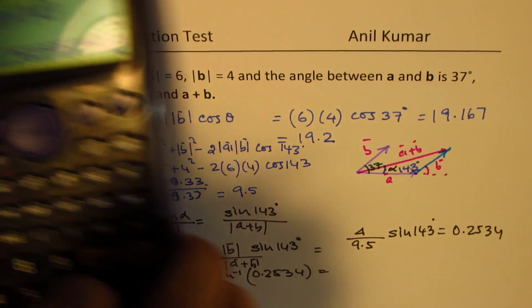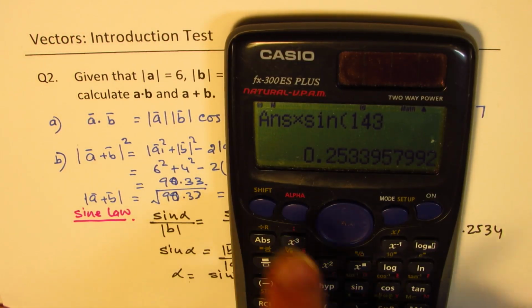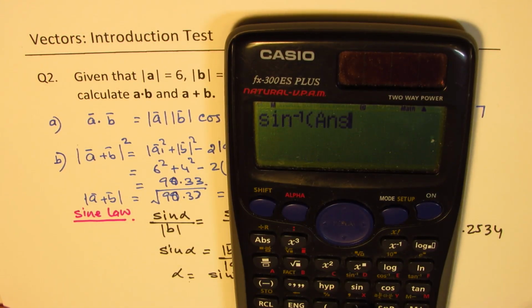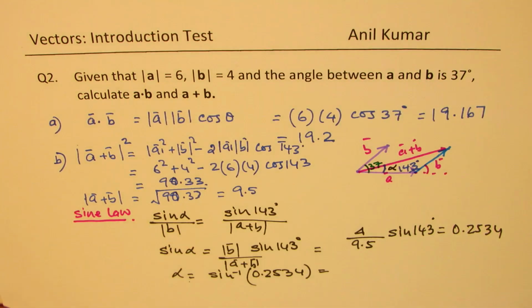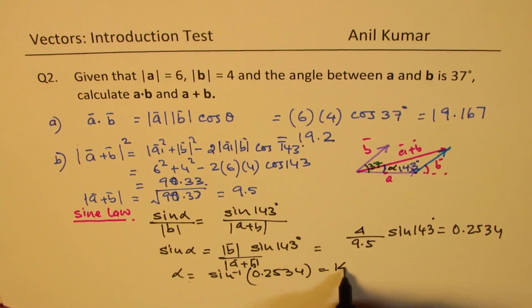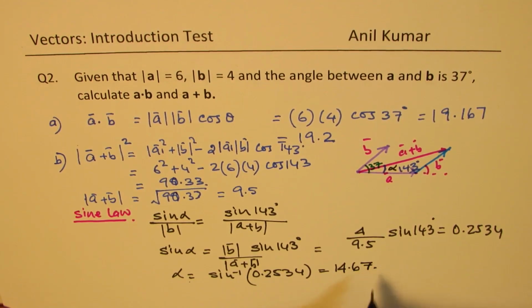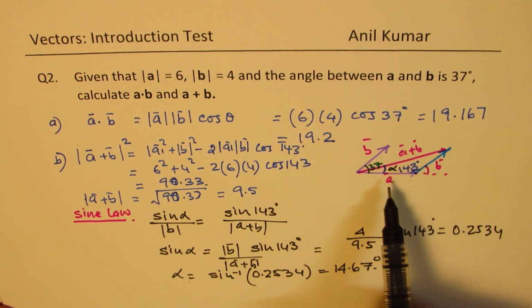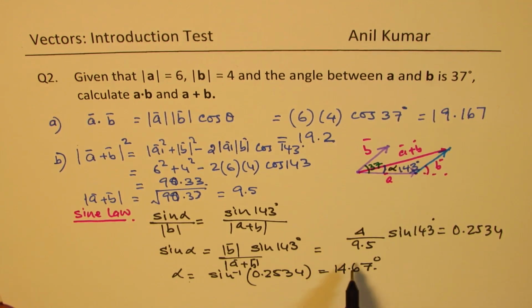We do shift sine inverse of our answer, and that gives you 14.67 degrees, correct? So we can say that A plus B makes an angle of 14.7 degrees with A, right? So we have our answer here.